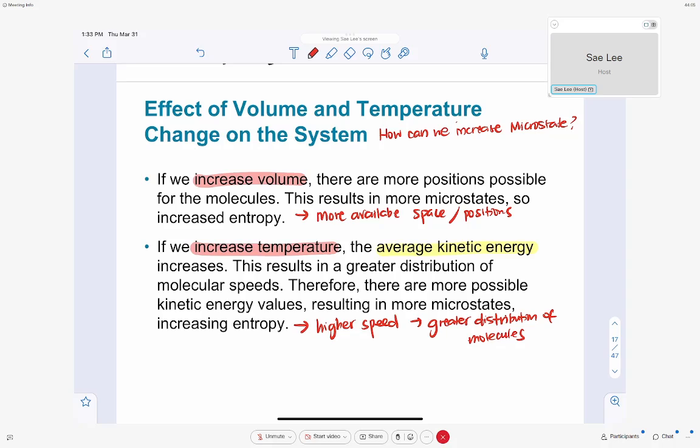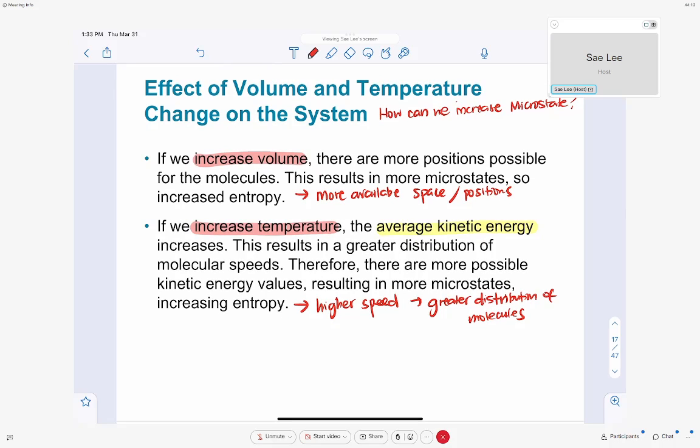You will have more possible arrangements of molecules.